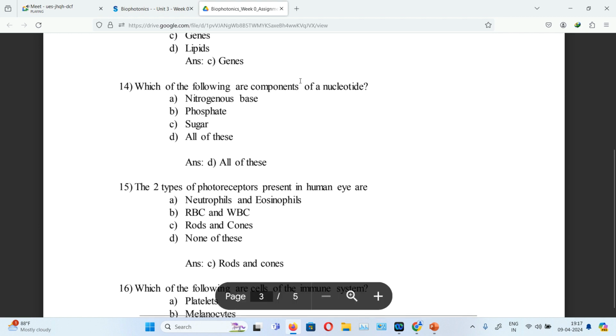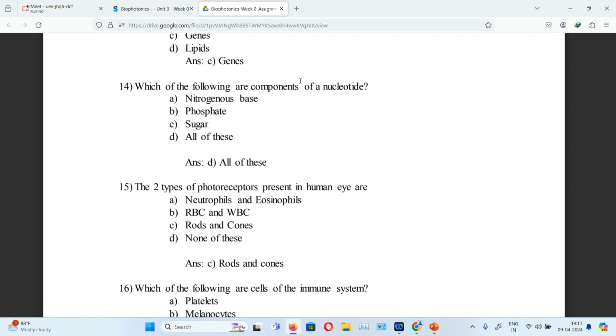So all three things are the answer: nitrogen base, phosphate, and sugar. So the answer is all of them.